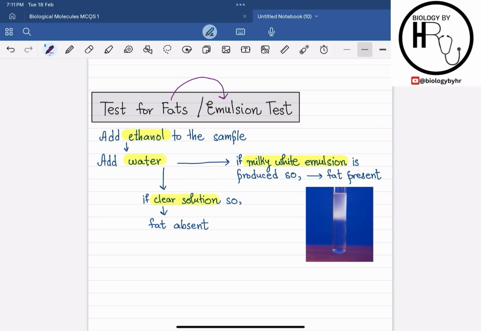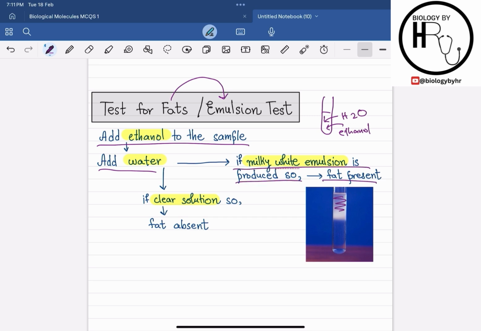What happens over here is that if we have to test for the presence of the fats in a solution, what we will do is that we are going to add the ethanol to the sample, right? Then we are going to add the water. First we are going to add the ethanol to the sample, then we are going to add the water, and if the milky white emulsion is produced, it means that the fat is present.